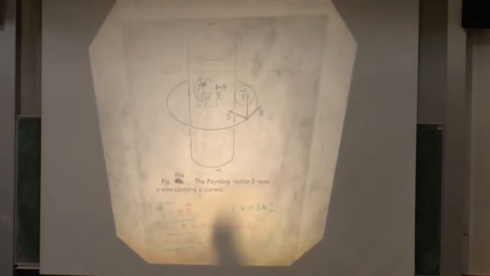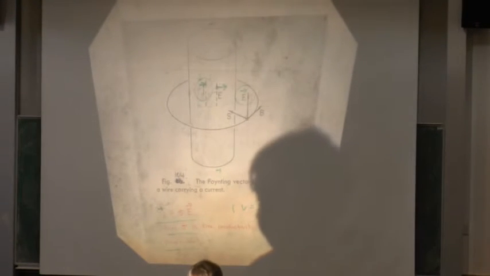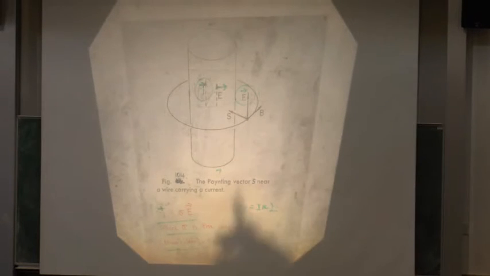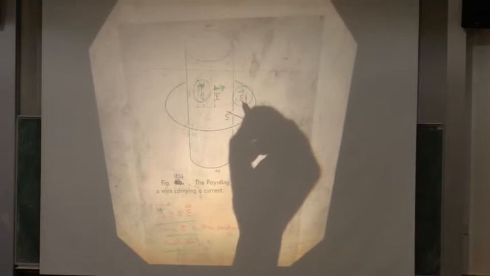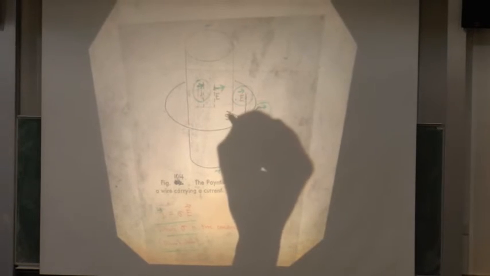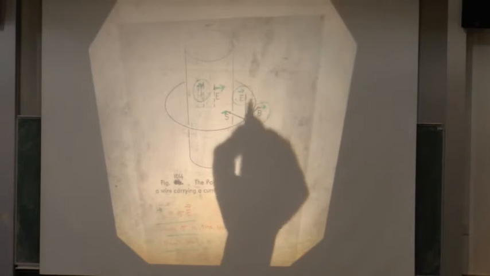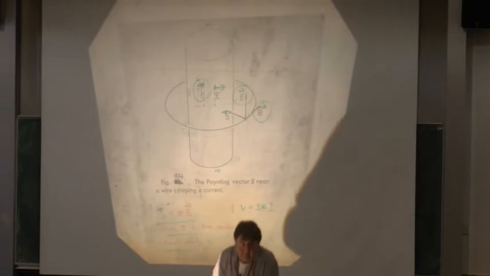And we have done it to death so many times. Of course, we've done the field around a current carrying wire. It's tangential. So the field is tangential. So again, it's the identical geometry to the geometry with Poynting's vector for the charging capacitor, is that my S is radially inwards towards the wire.